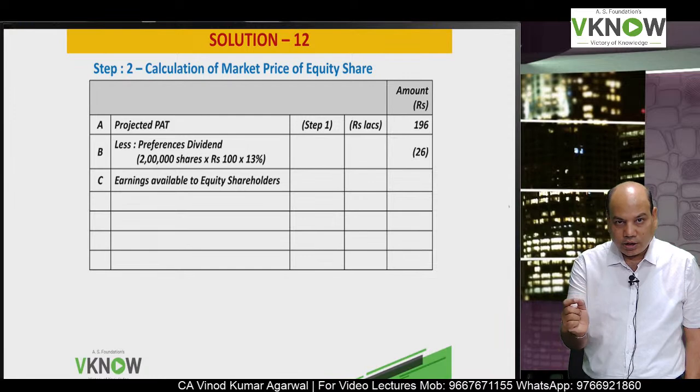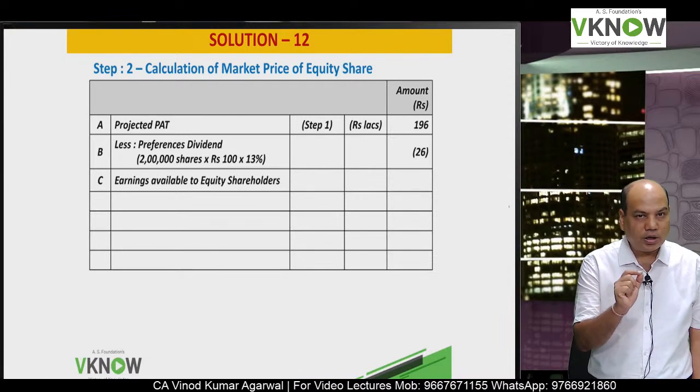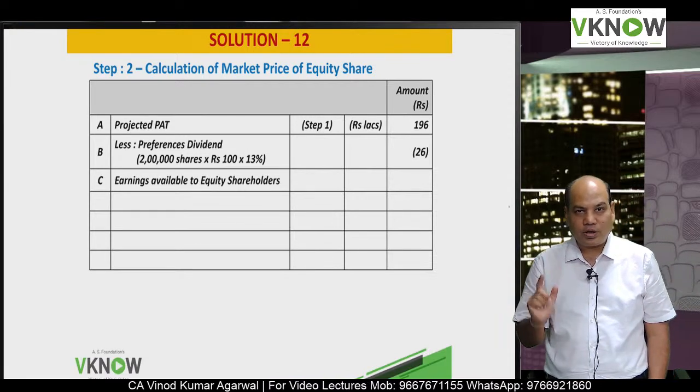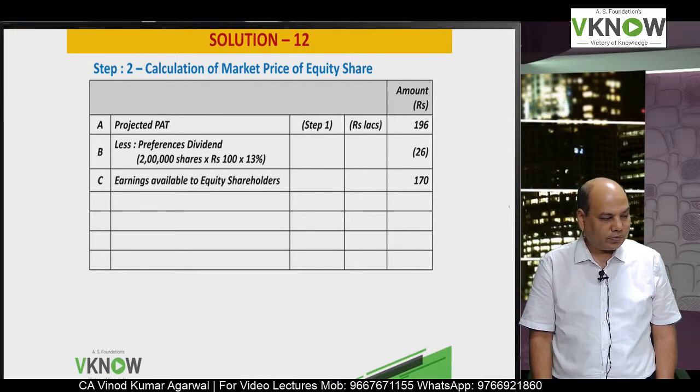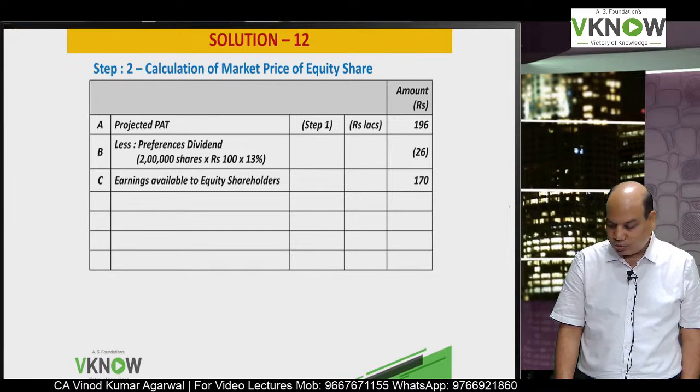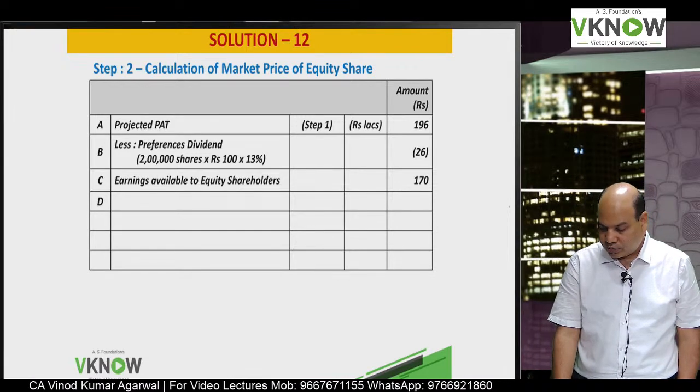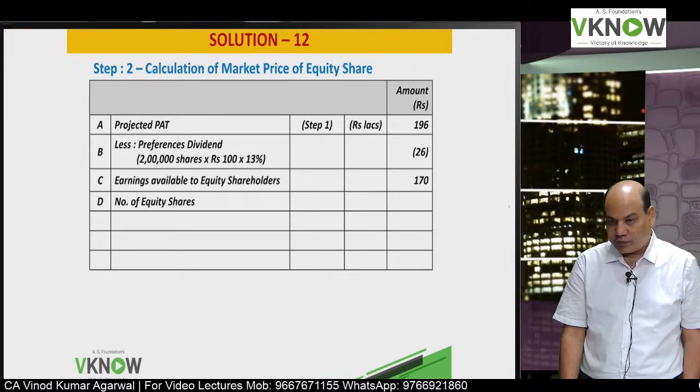So now what I'll get is called earning available to equity shareholder, 170 lakhs.